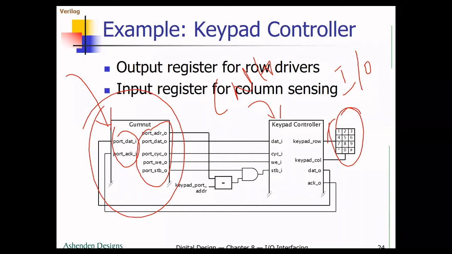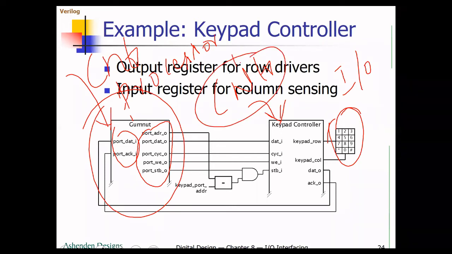So here the controller builds a bridge between the IO device and my processor. The IO controller is a bridge between the processor and the IO device.